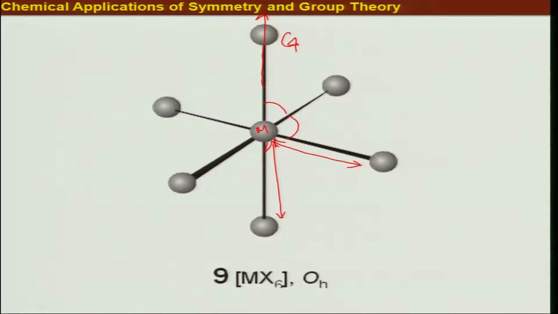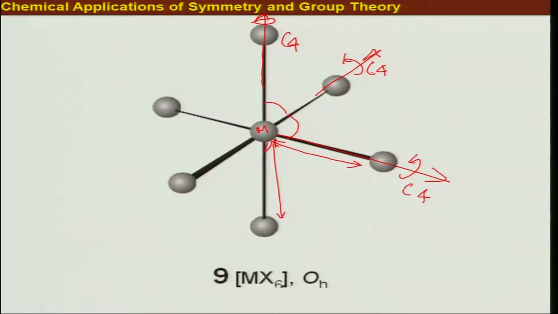I can have another C4 along this axis, so I can have a C4 rotation. Similarly, I can have another C4 along this axis, right? So I have more than two higher axes of symmetry. So this definitely belongs to a special group. I don't have to go any further.